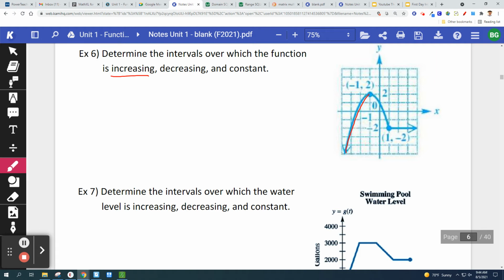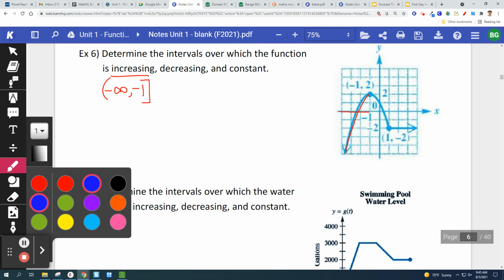So what I want you to do is squash that part and just look at the domain for that. If you only look at the domain for that, you're looking from negative infinity to negative 1, and we're going to use a bracket. It's increasing from negative infinity to negative 1. Do you guys see that?